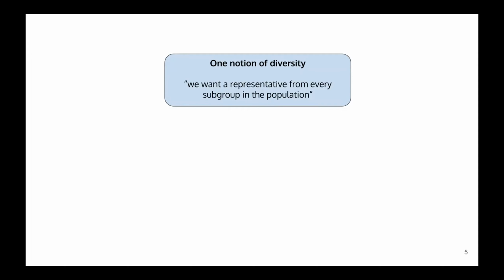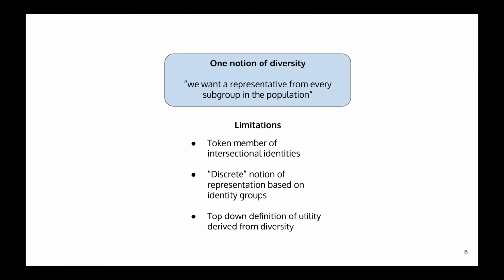But this kind of notion also has its drawbacks. For example, you might get a token member. If you're at an intersection of identities, maybe you technically are on the cohort and you've covered every subgroup, but you don't have the decision-making power that you would like.